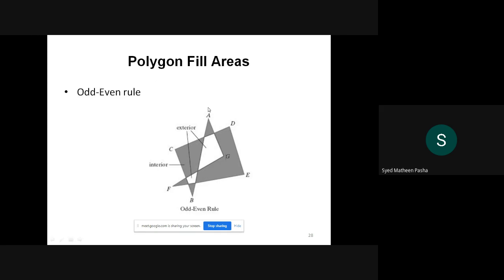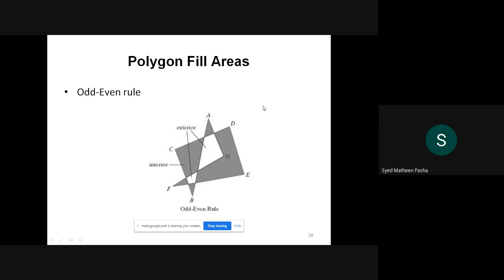What happens in this algorithm is we first draw a line from any position P to a distant point outside the coordinate extents of the closed polyline. If you consider a position P, I will draw one line from that position to a distant point outside.